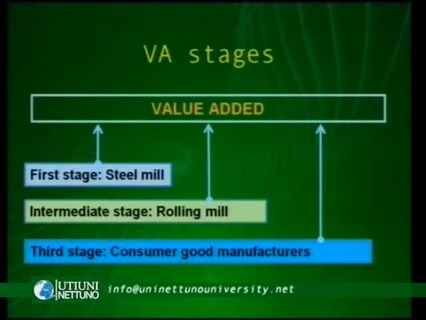So value added, as was also clear from the simple algebraic definition that we gave of value added, can be calculated as the difference between the value of the output at each stage of production and the value of the input that this stage of production is using. So this example is useful for two reasons.